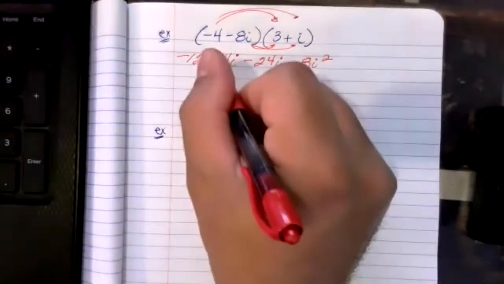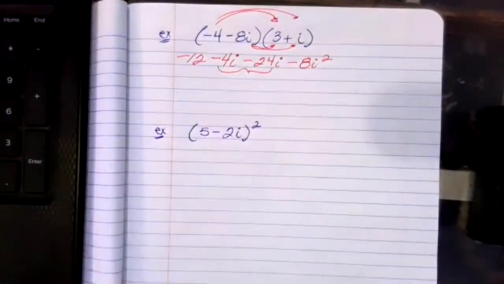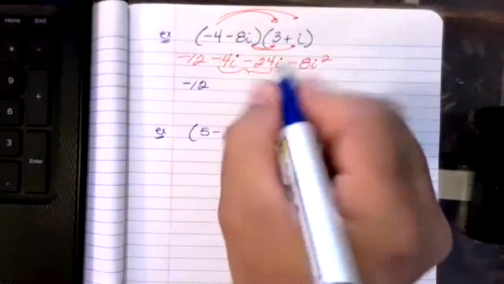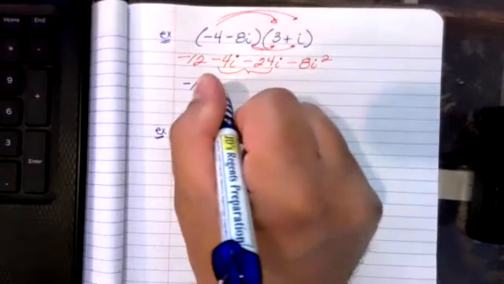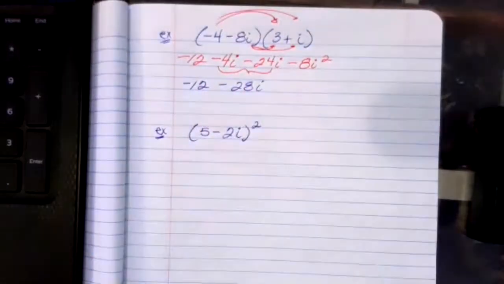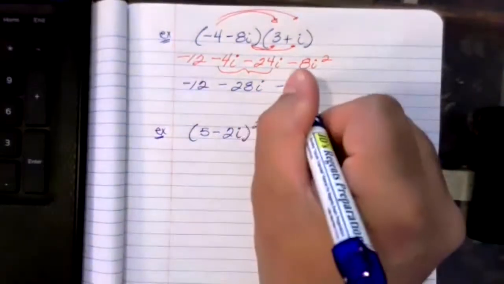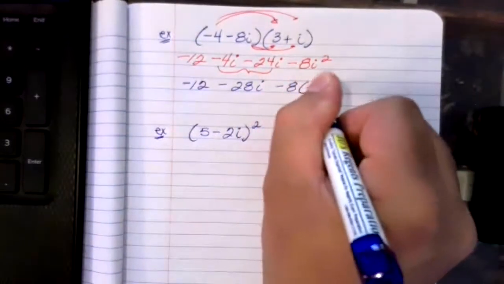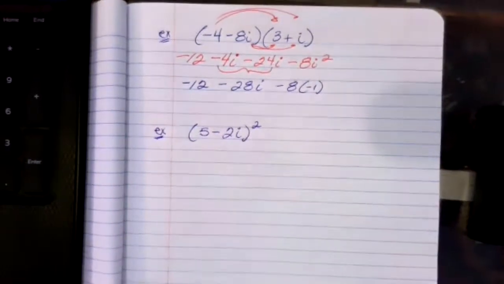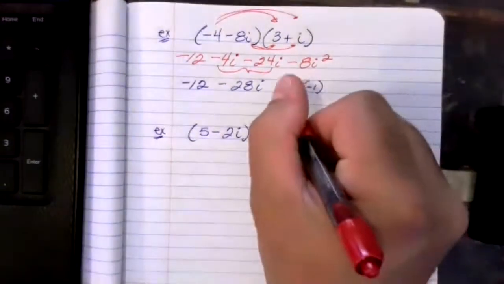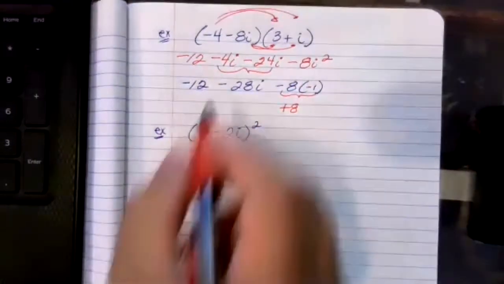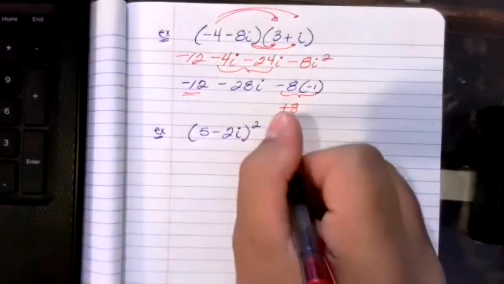I combine my like terms. It looks like I'm going to have negative 12 minus 28i minus 8 times negative 1. Well, I know 8 times negative 1 is positive 8. So I can combine that with my 12.